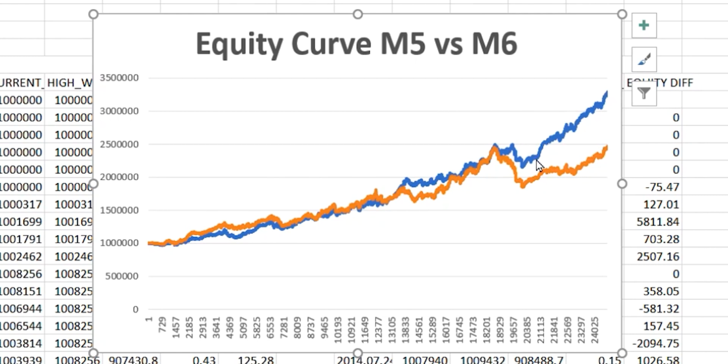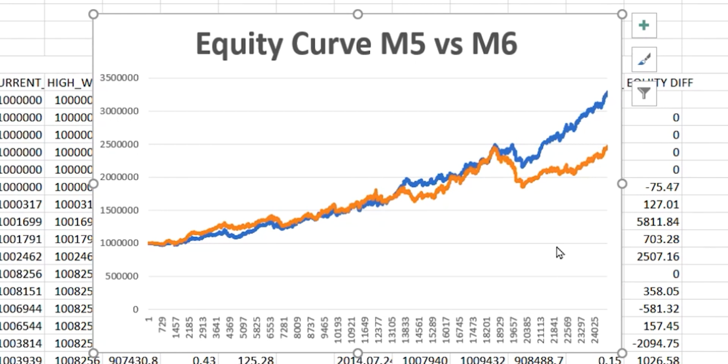So the blue line here is the 5-minute and the orange line is the 6-minute. But of course, we're not just interested in whether these equity curves look similar. We want to quantifiably measure when they're both experiencing a drawdown at the same time and when they're both making new highs at the same time.